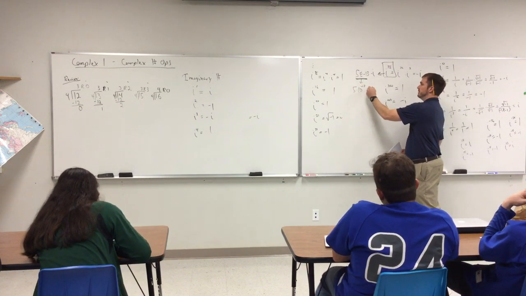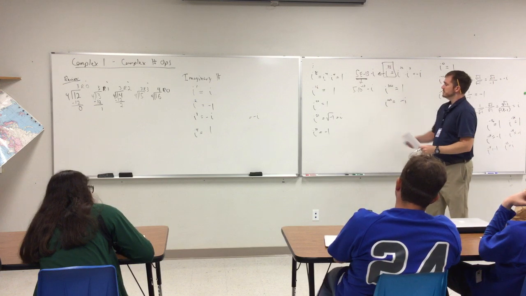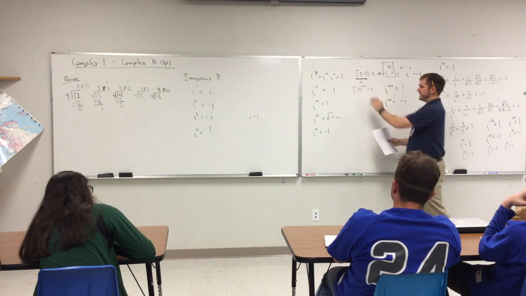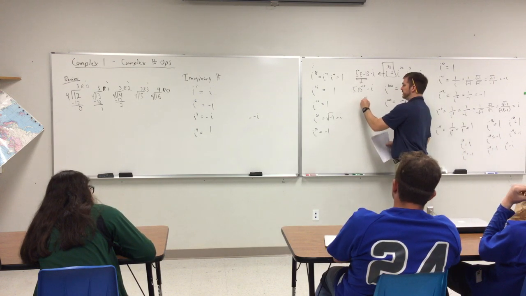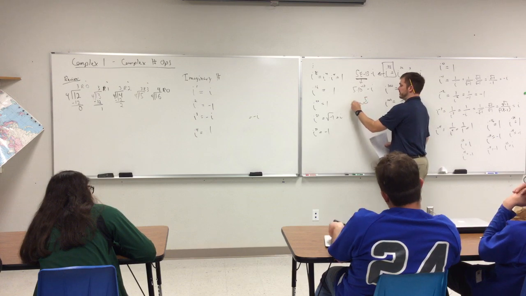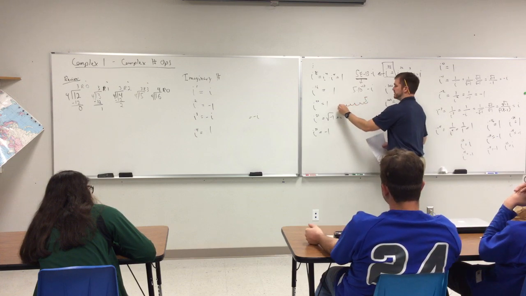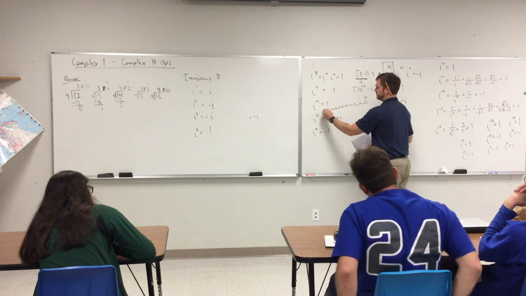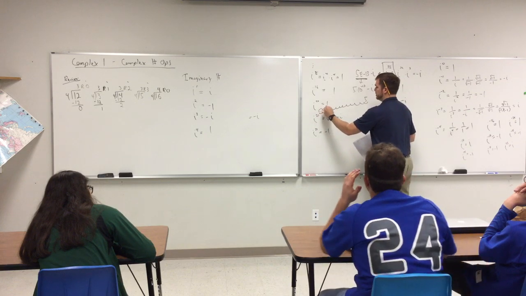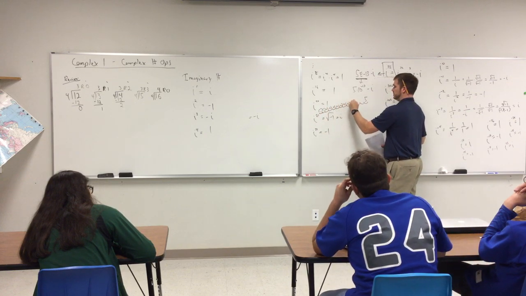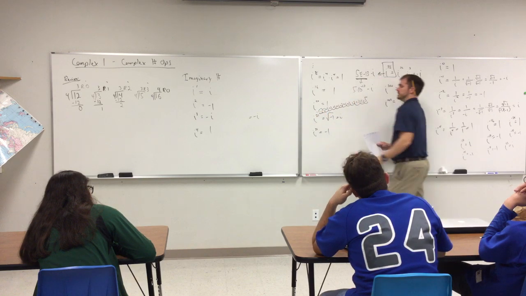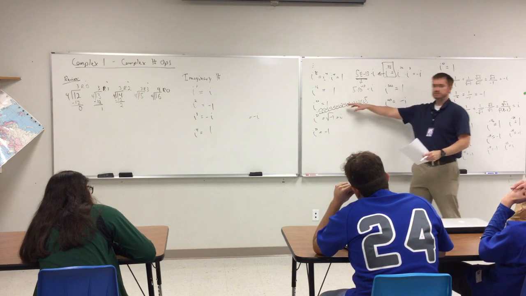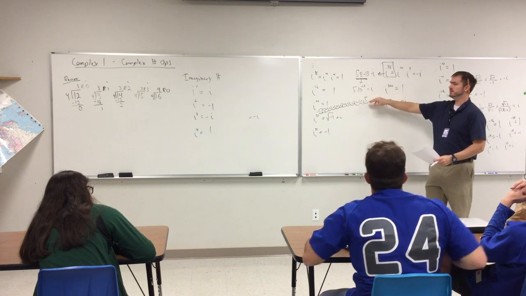Okay, so minus I. So 5 times 10 to the negative 13 means 5, 1, 2, 3, 4, 5, 6, 7, 8, 9, 10, 11, 12, 13. So there's a decimal point: 0.000000000000005.